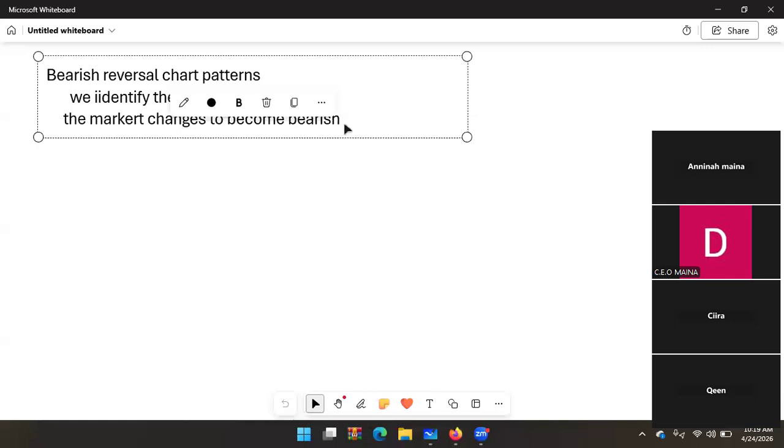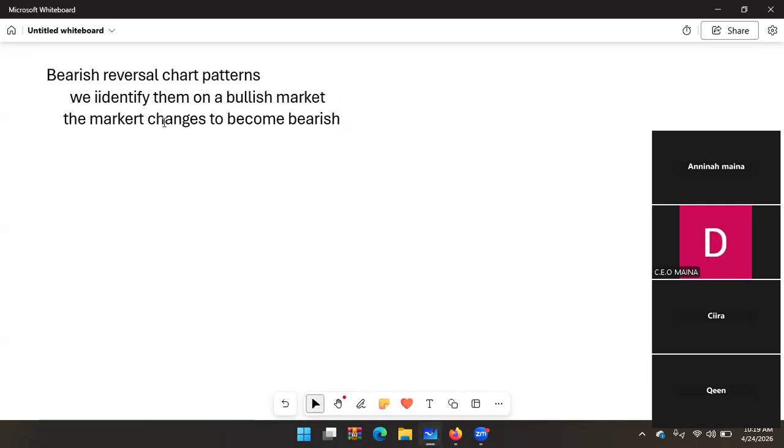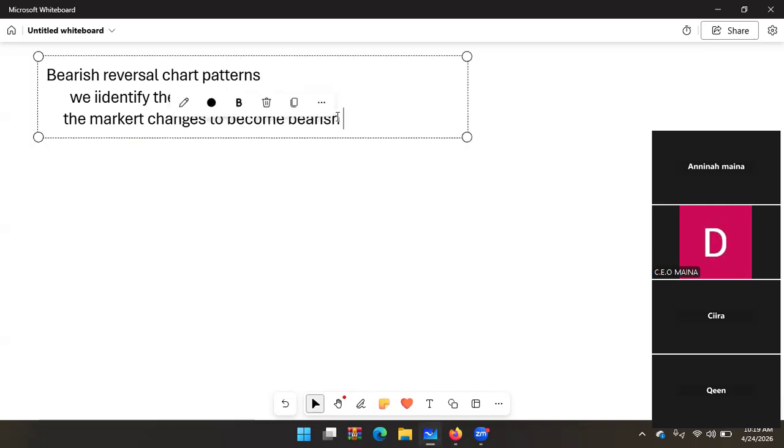Does it change to become bearish or bullish? Oh, bearish. We have said these are bearish reversals. We are going to identify them on a bullish market, and once after identification, the market now changes to become a bearish trend.